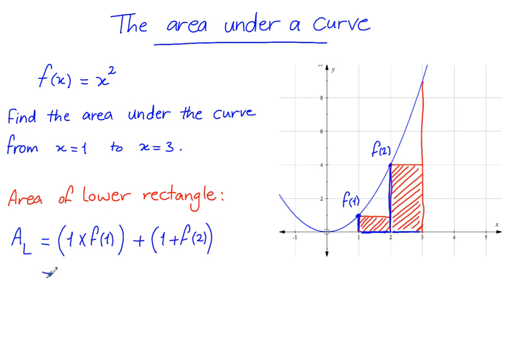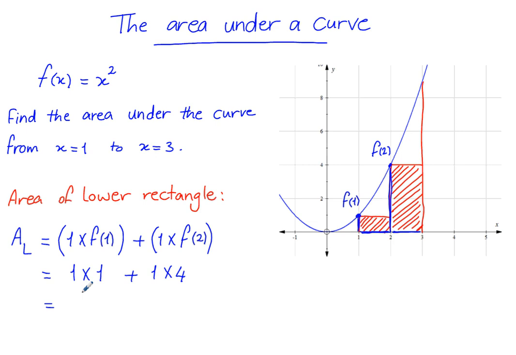of the second rectangle. So that's 1 times f of 1. If you substitute 1 into the function, you get 1 squared is 1, plus 1 times f of 2. When you substitute 2 into the function, 2 squared is 4.